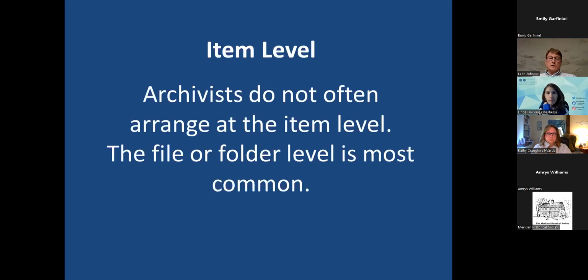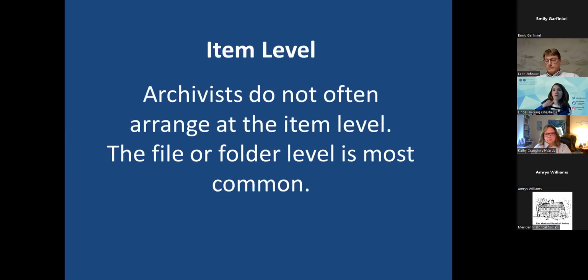Usually, as I said, the file or folder is the most common level. That's where we stop. And if you can describe a collection through a series and then through, say, 10 folders, that's a lot quicker than a series, 10 folders, and perhaps 100 documents in each folder. You can see how much time you save if you simply describe a grouping of documents in a single folder than describing each and every one of those.